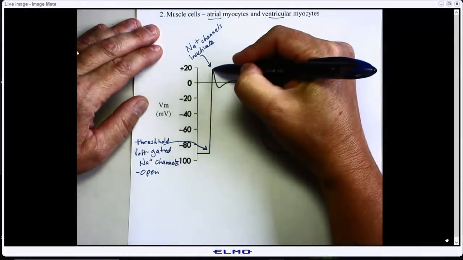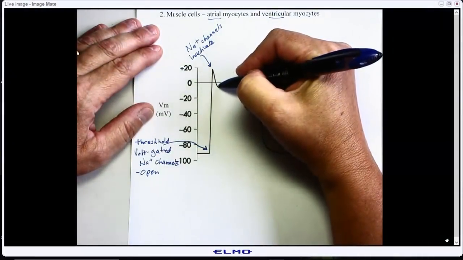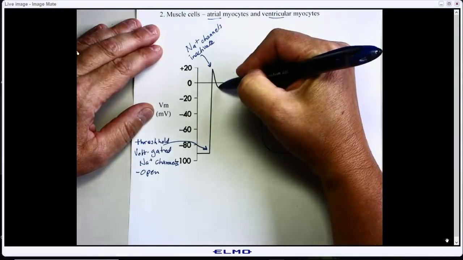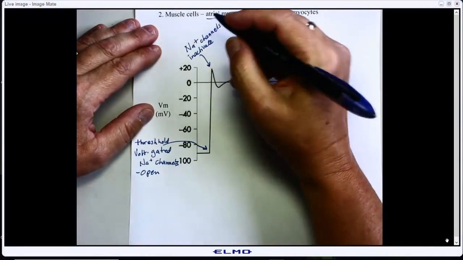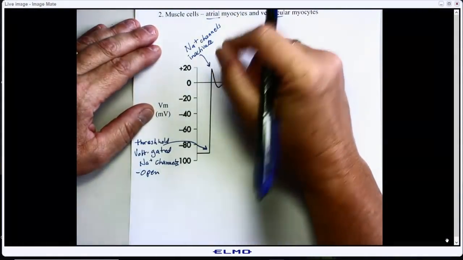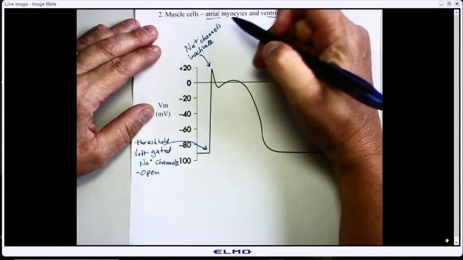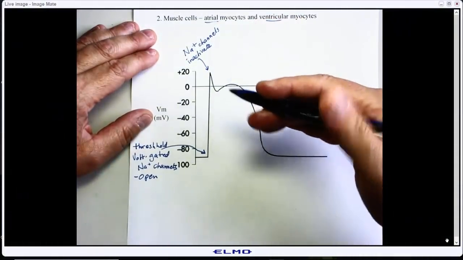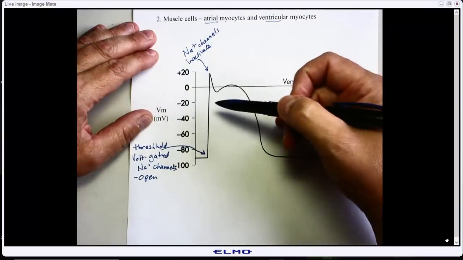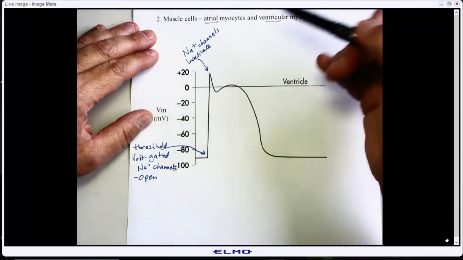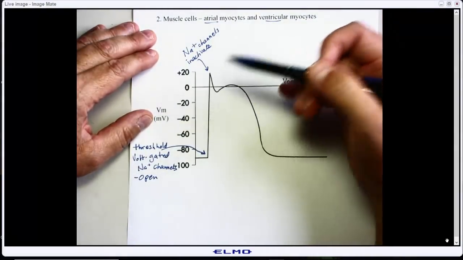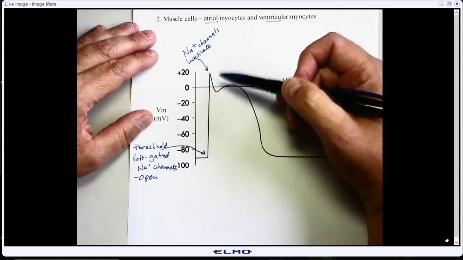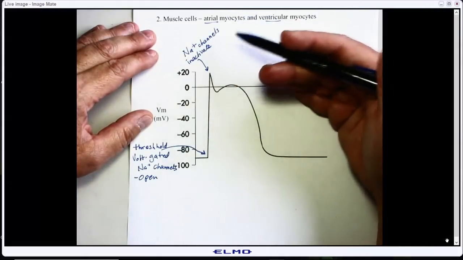All right, and then we start to repolarize a little bit. This repolarization is due to potassium movement out. Now, we didn't use a specific channel here. It's just that potassium will move out because its concentration gradient favors that, and its electrical gradient favors that, and the membrane has a permeability to potassium.